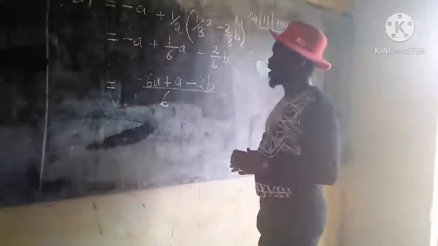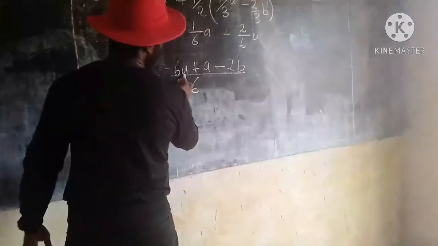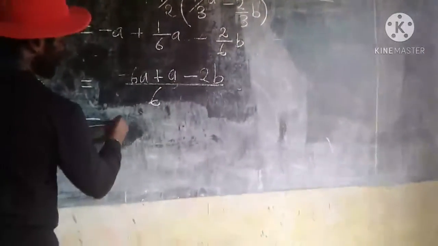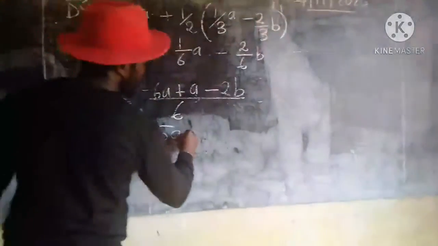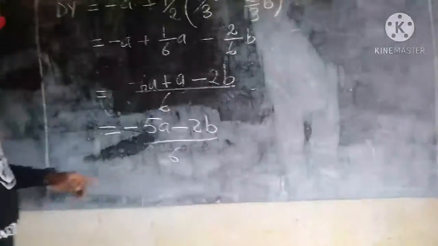So you simplify what you have in the numerator. You're going to have minus 6a plus a. Negative 5a. Negative 2b. All these over what? 6. So you see that following the form of the term on the right hand side, we got what?